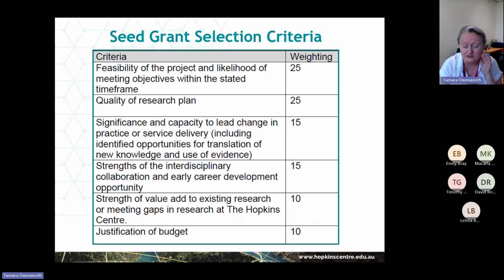And if they're not, it's still very helpful to have that feedback, which would allow you to consider it for future rounds of the grant project or other grant opportunities.